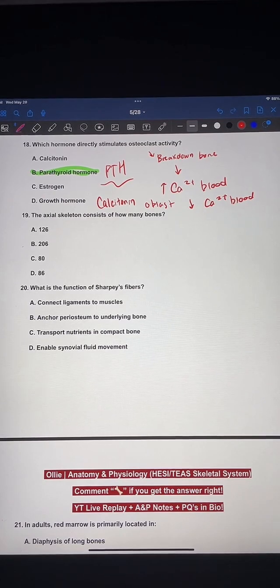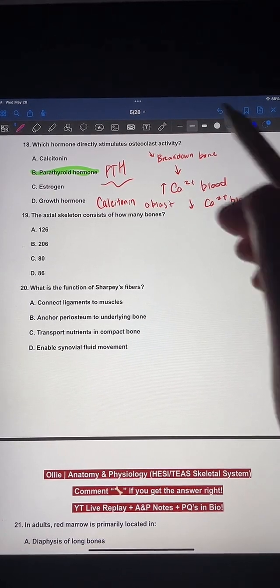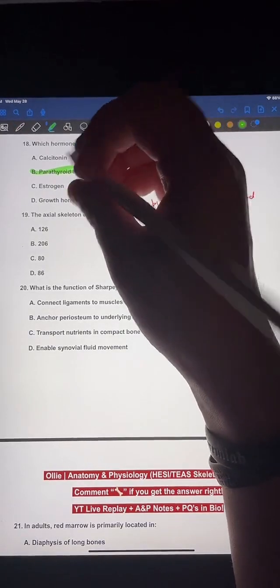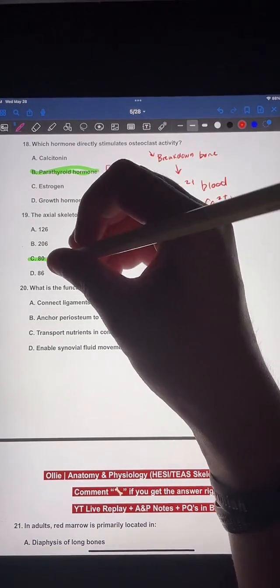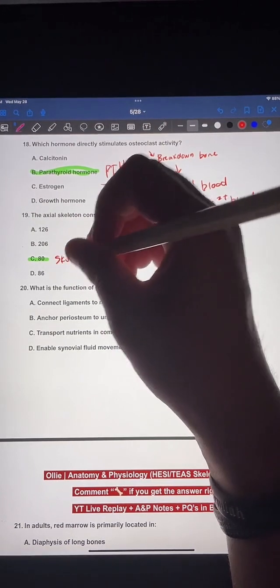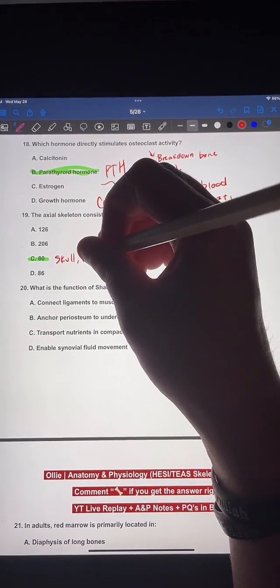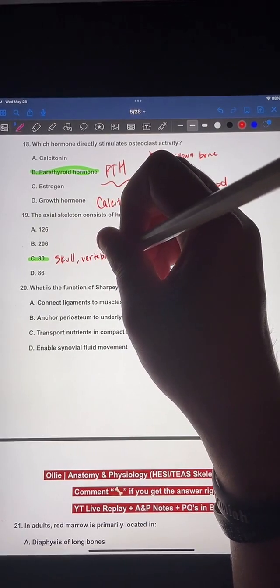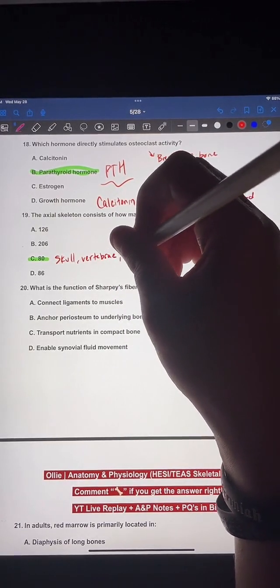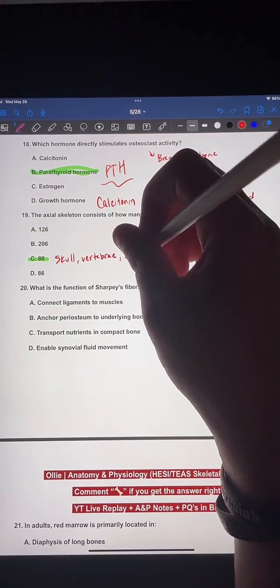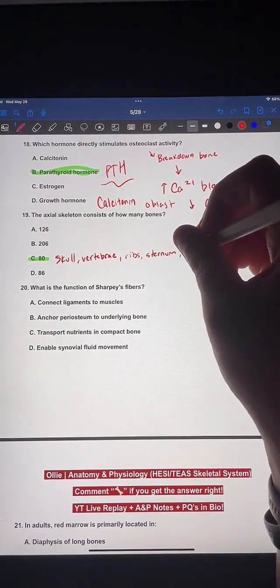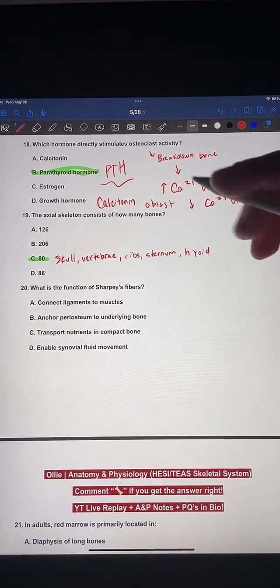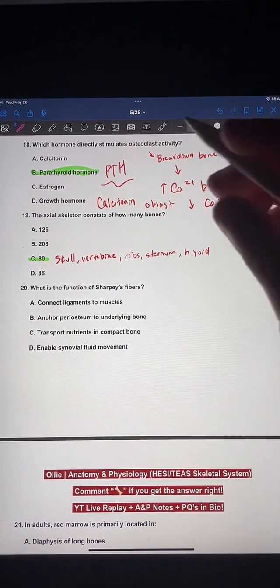The axial skeleton has, so again, we're referring to our axial skeleton, 80. So across our skull, our vertebrae, our ribs, our sternum, and our hyoid, we get 80 bones.